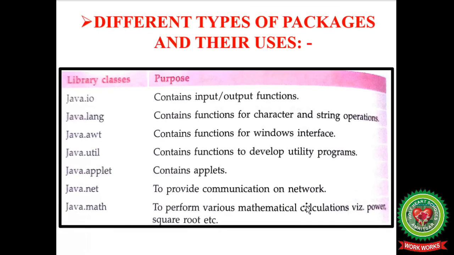It includes networking operations, sockets, DNS lookups, everything related to a network. Java.math. It is used to perform various mathematical calculations like square root, pow, and many more. It also provides some multi-precision arithmetic. Many more packages are there like javax.swing, java.nio.